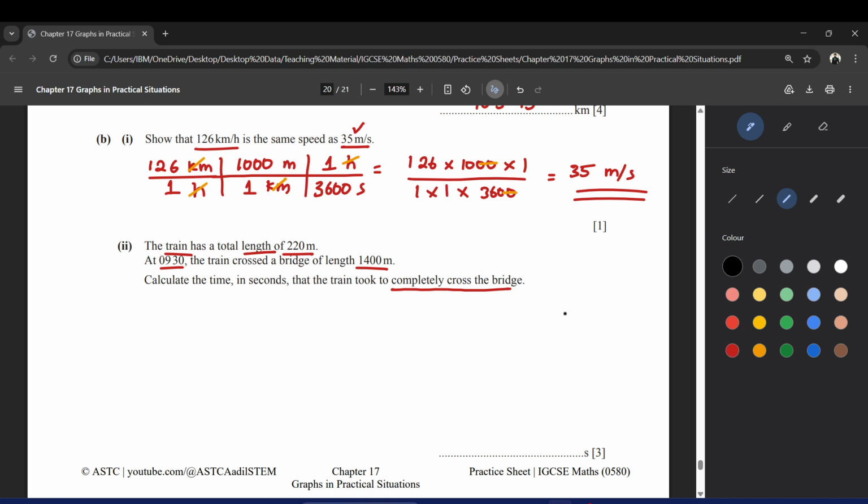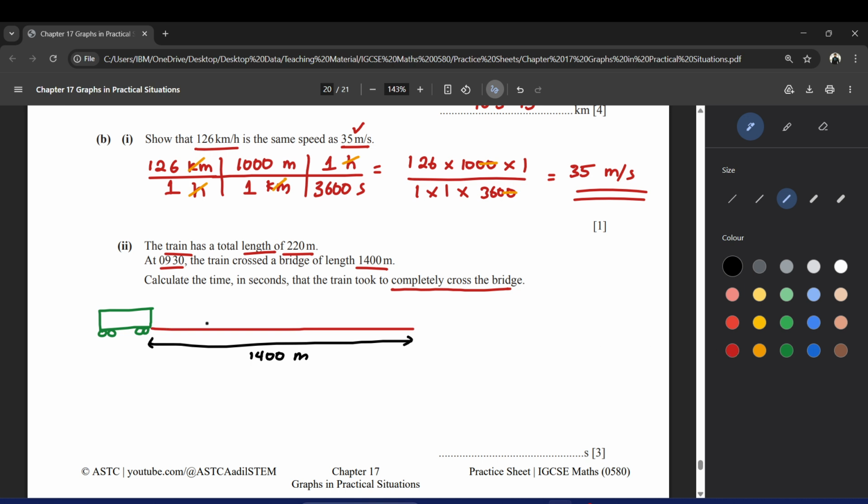So suppose that this is my track and this is your train. Now, usually what happens if you are comparing your distance, okay, so let's say this is the length of the track, which is 1400 meters.